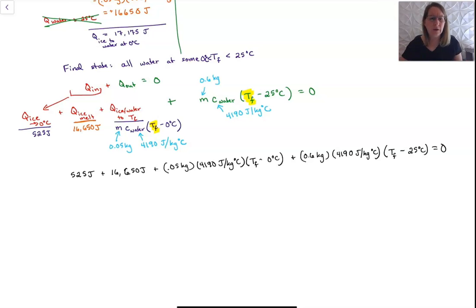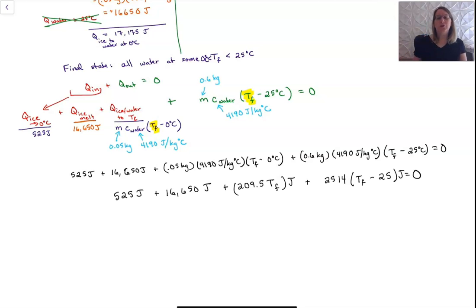Okay, so now we put all of these terms in, we do some multiplication here, and we get the following. If we assume that our final temperature is in Celsius, then notice each one of these has joules, so that goes away. And so we're just going to combine terms.